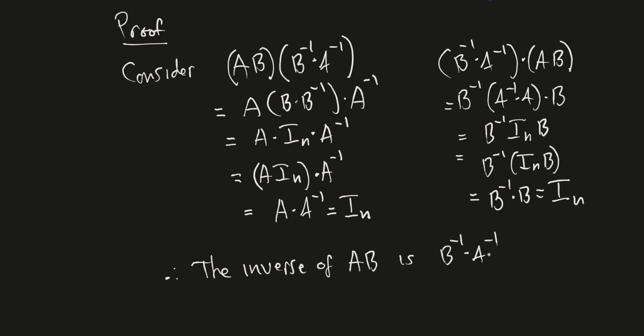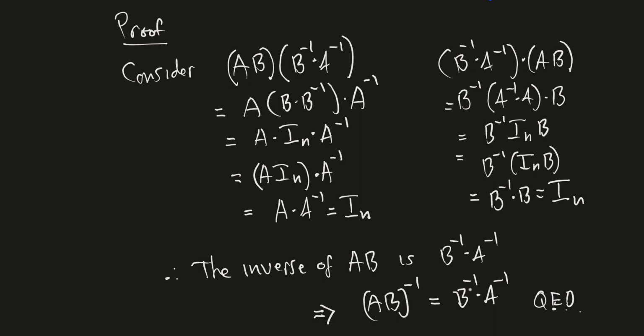Like this. And now the shorthand way of writing this is that (AB) inverse is equal to B inverse times A inverse. And that's our QED.